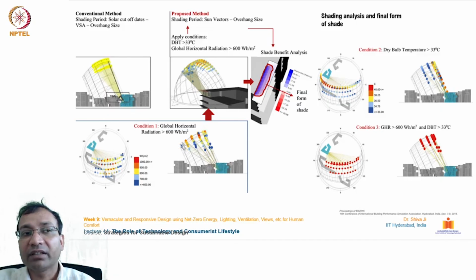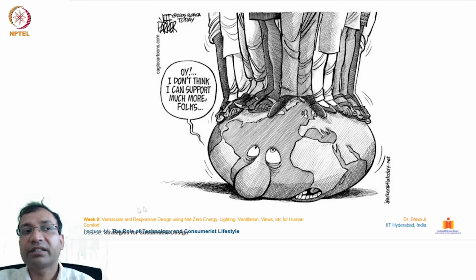Similarly, in these winter months the temperature is below 33 degrees, so the sun can easily penetrate deeper inside the spaces. Where the sun is shown as red dots, the temperature is above 40 degrees, so shading will be required. This kind of analysis can be done through this site.